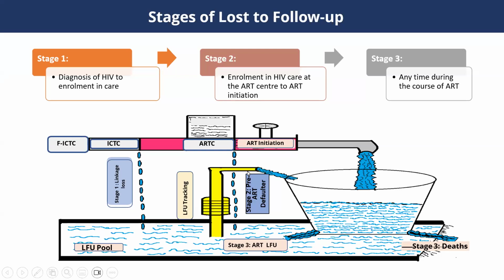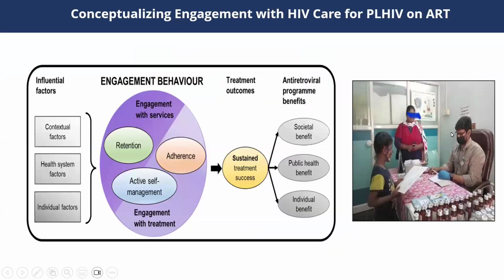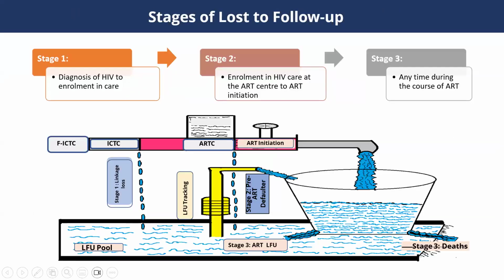The other leakage is prevention, which is another important cause of loss of retention, but that is a different topic altogether. Here today we will only cover how to prevent loss to follow-up or treatment interruption, and if somebody is coming back to care, what acknowledgement we need to give that patient whenever they come back.